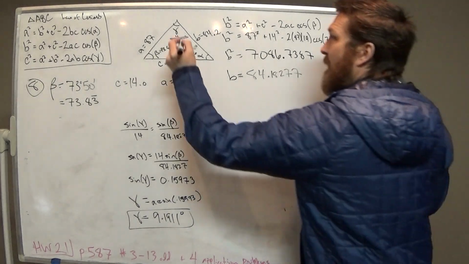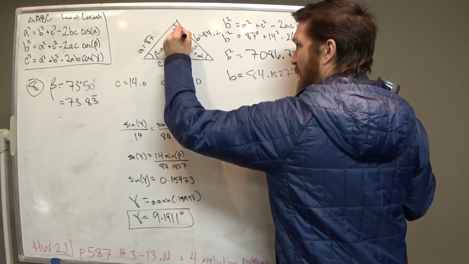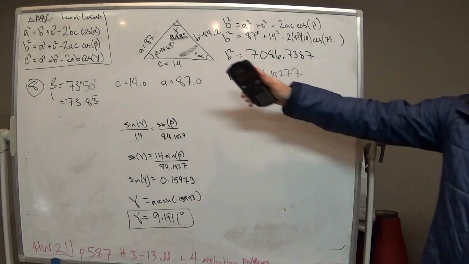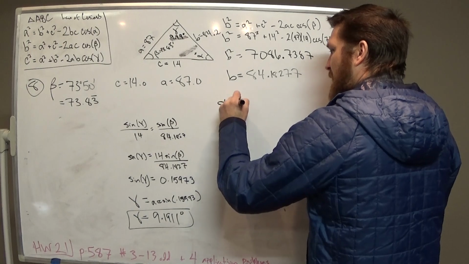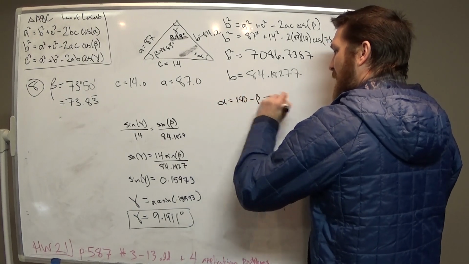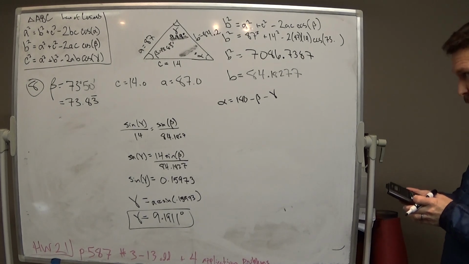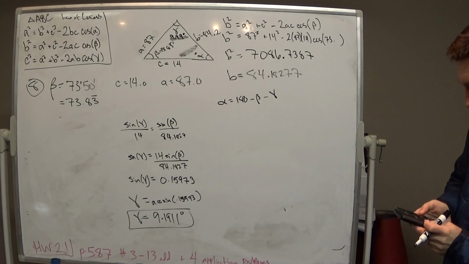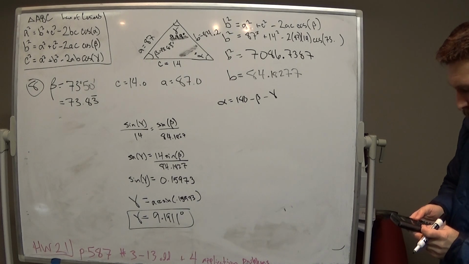We know that gamma is 9.19 degrees. Now we could get alpha because alpha is equal to 180 minus beta minus gamma. So we go 180 minus beta was the 73. I go up until I get it. There it is.